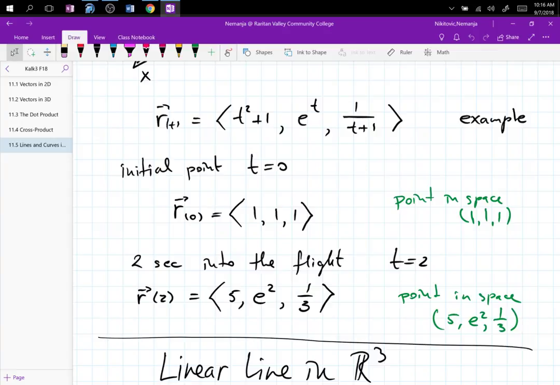Once you clear the linear lines, then you upgrade to the spatial curves. Then you can analyze the flights and things.